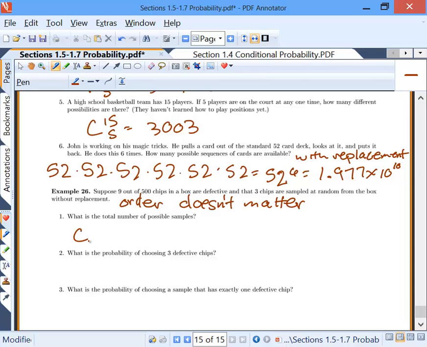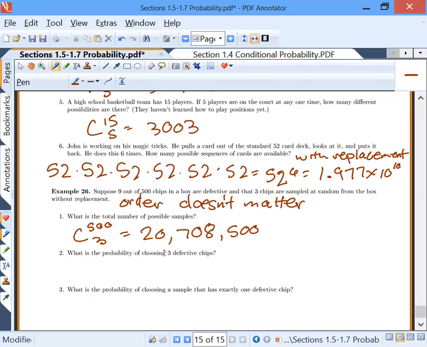What's my total number? 500. And how many am I sampling? So 20 million different samples I could choose, and that's with order not mattering.